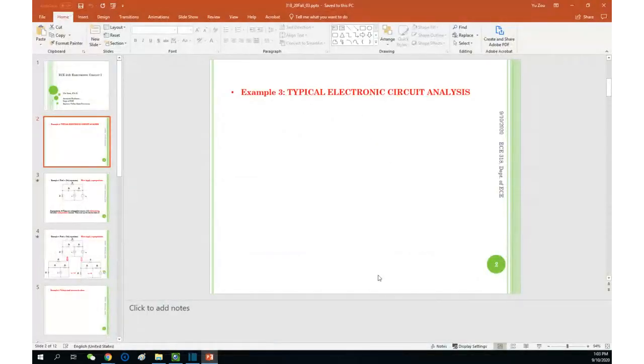This is example 3, the end of last lecture. We talked about one electronic circuit. In example 3, we're going to have two more small examples to help you become familiar with electronic circuit schematics.